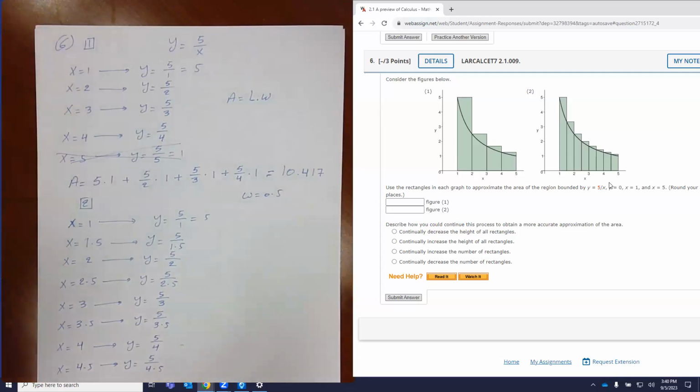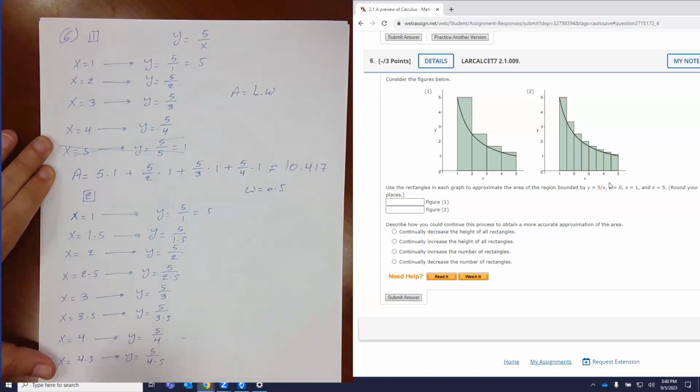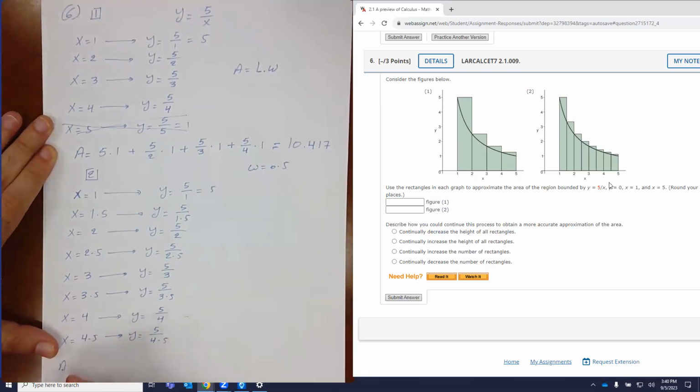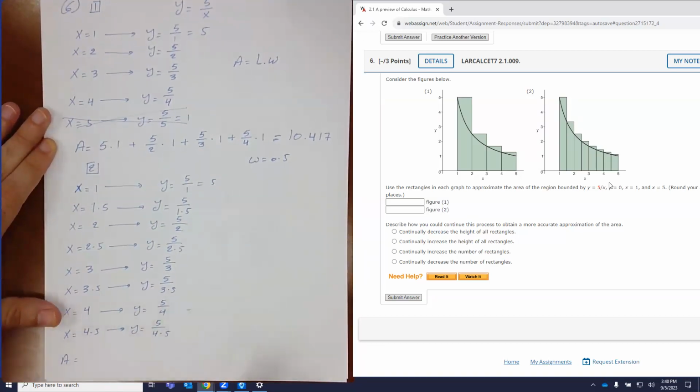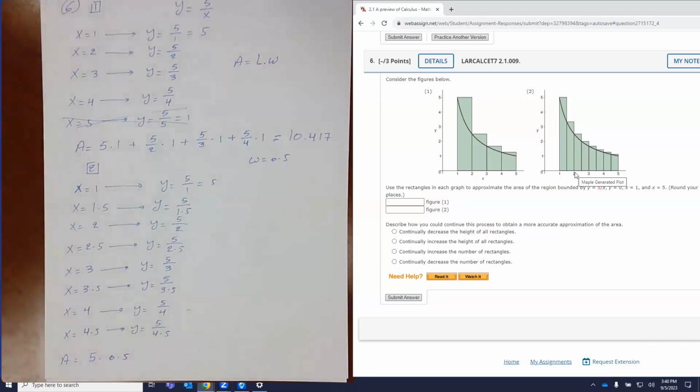Now, we already know the width for each triangle is 0.5. So to find the area, for the first triangle, the length is 5 times the width 0.5. So here is the first triangle.